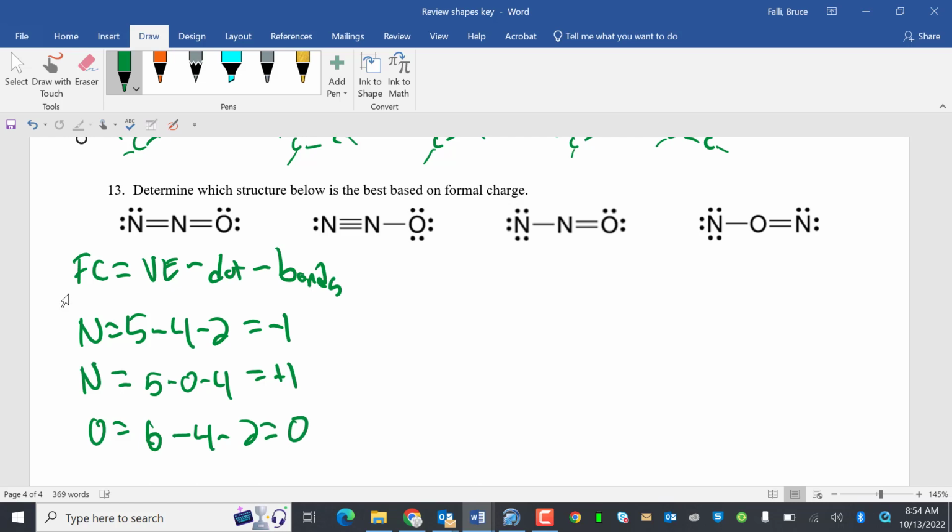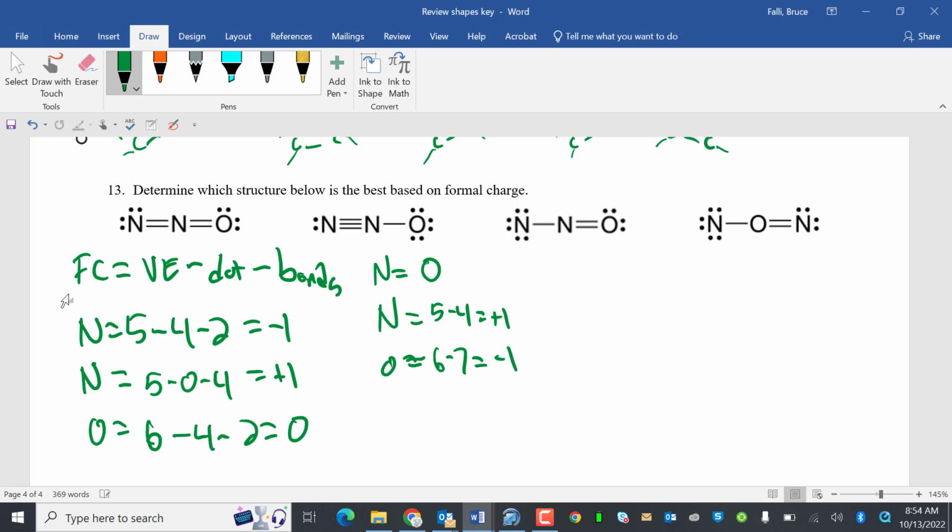Next one, nitrogen: valence electrons 5 minus 5, so this is going to be 0. Then the next nitrogen is 5 minus 4 bonds, 5 minus 4 is +1. And then oxygen is 6 minus 7 equals -1.